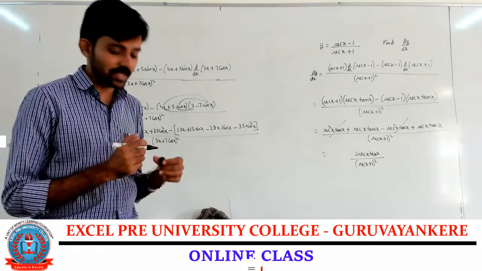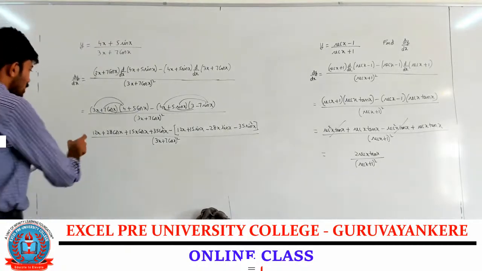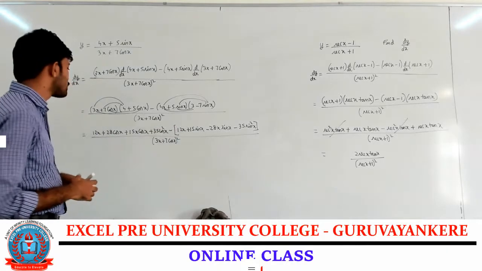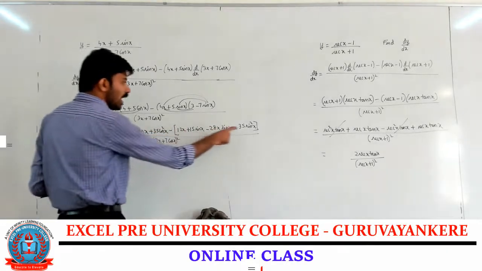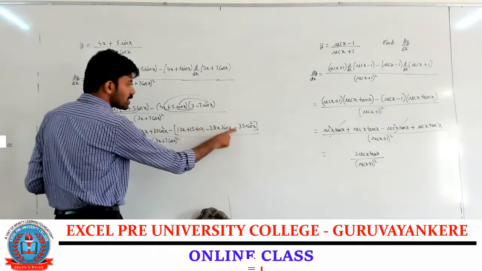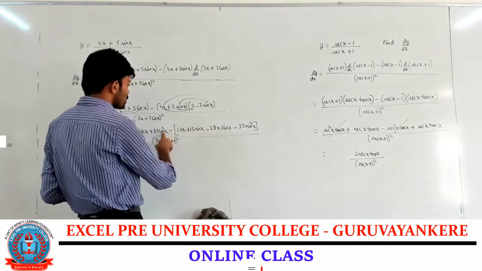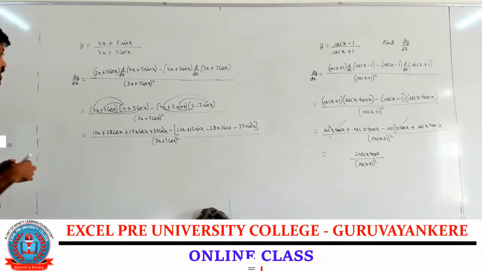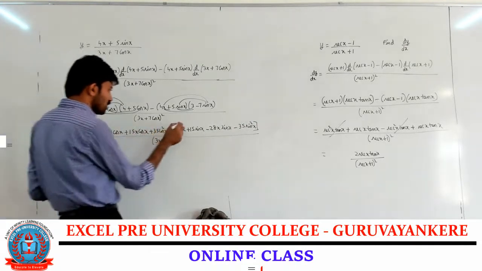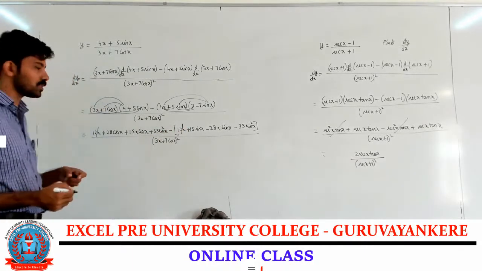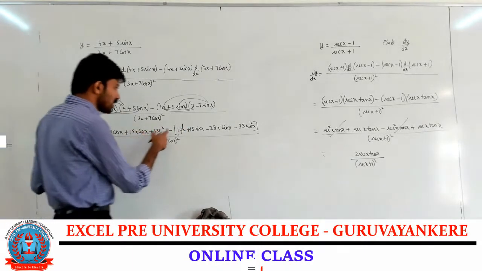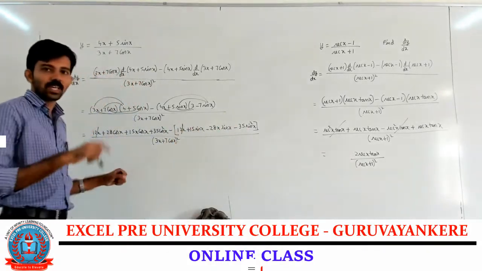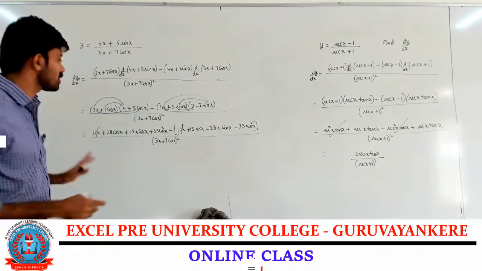Open the bracket, simplify it. 12x minus 12x, 12x will cancel. And here you can add these two. 35 is common. Minus into minus is plus. Cos square x plus sin square x is 1. Correct?